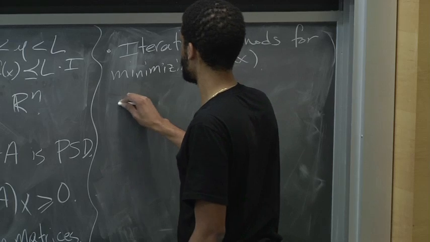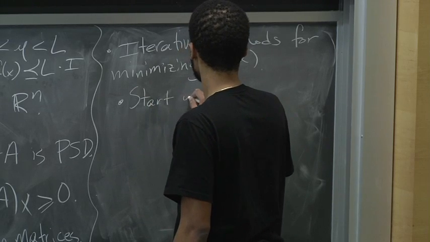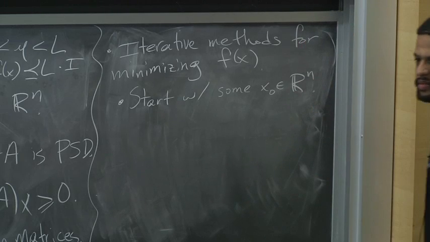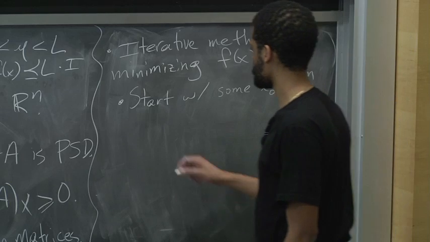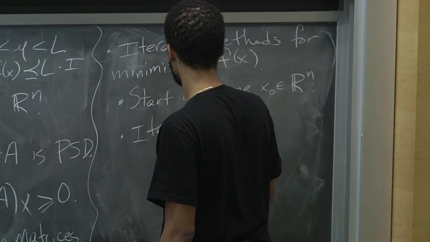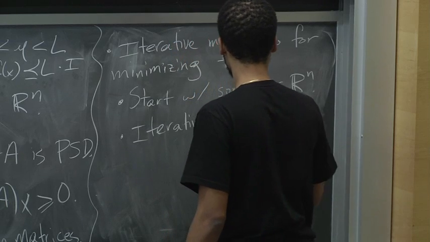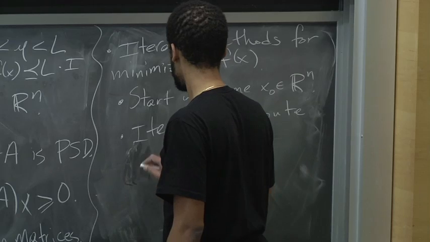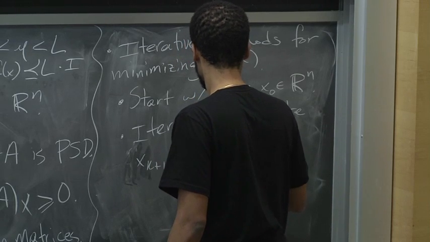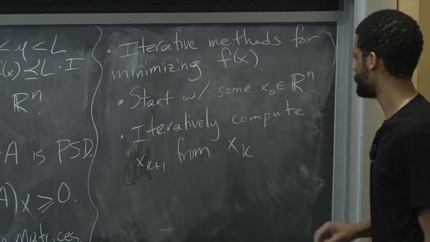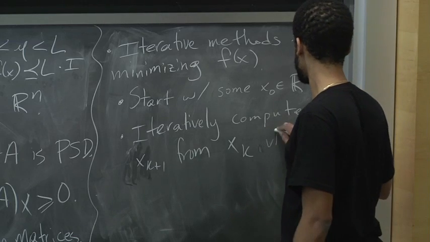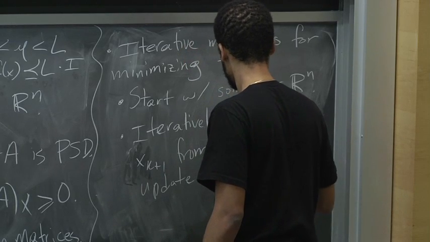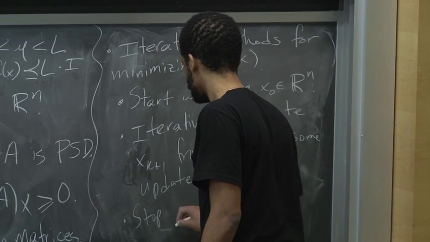They start with some x naught in R^n, iteratively compute x_{k+1} from x_k via some update rule, and then stop after some number of iterations.